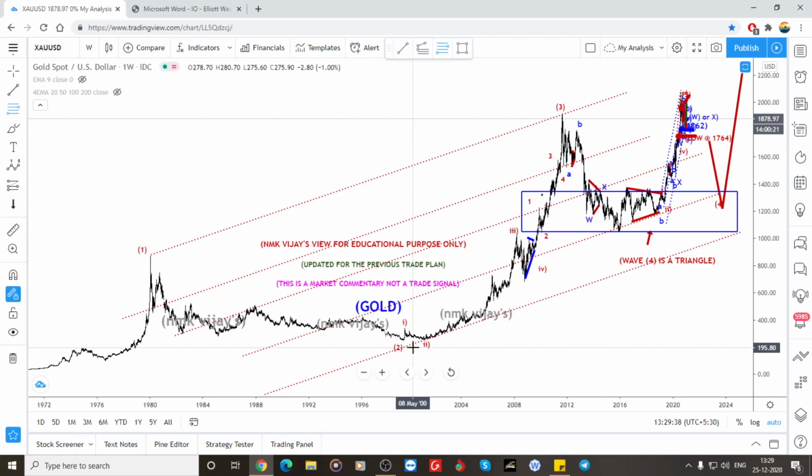So from the start of the third wave, we need to measure to the end of the third wave. Sometimes if it is above 1.618, if it is 2.618 or 3.618, it will do only a 23.6 retracement. Otherwise it could be 38.2 if it is 1.618. So here it did a 50% retracement.